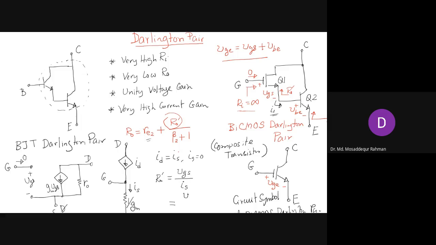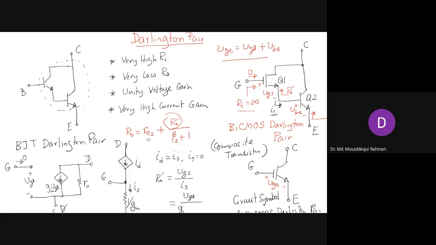We keep VGS as it is, and IS is the source current, which in the pi model is gm VGS. The current that is flowing, ID or IS, is gm VGS.